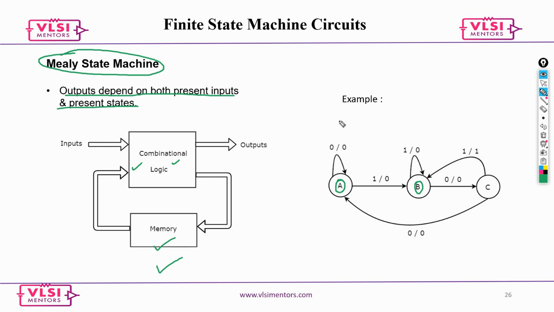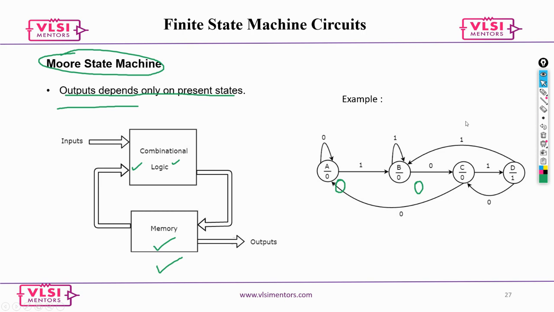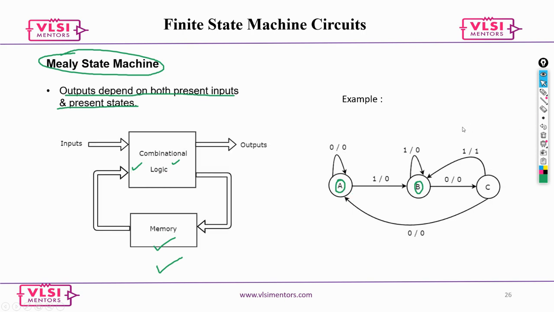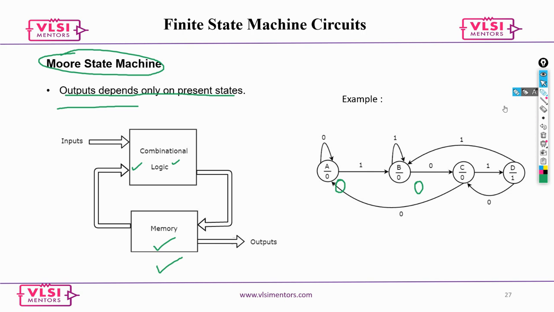This is the Mealy state machine. And coming to Moore, what is the difference between these two? Here, during the switch, it gives the output. Whereas in this case, when it is in the state, it gives you the output.